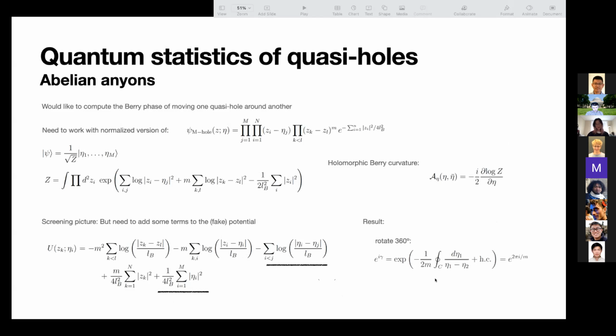If we rotate, say, eta 1 around eta 2, we'll get a phase factor that's proportional to 2 pi over m. Note that the statistic angle is actually a rotation of 180 degrees, not 2 pi. So the statistic angle is 1 over m.